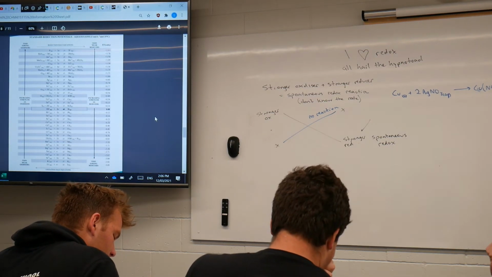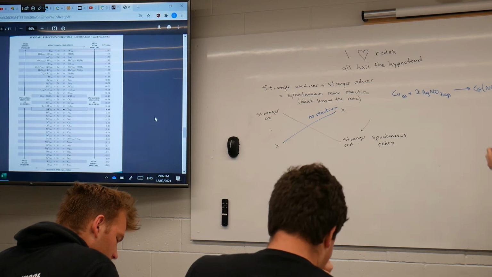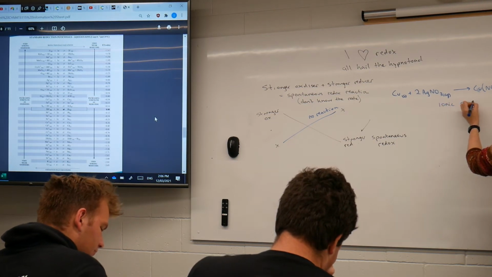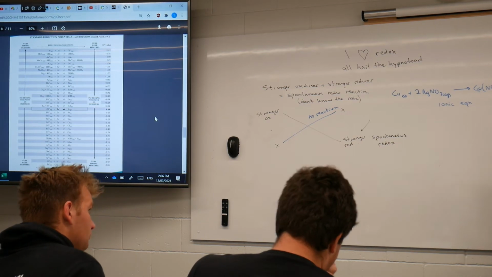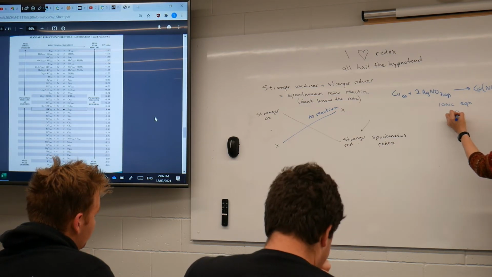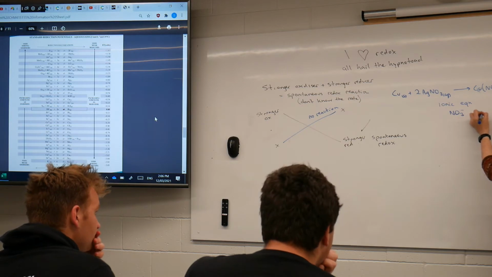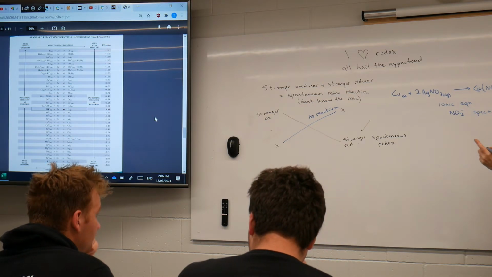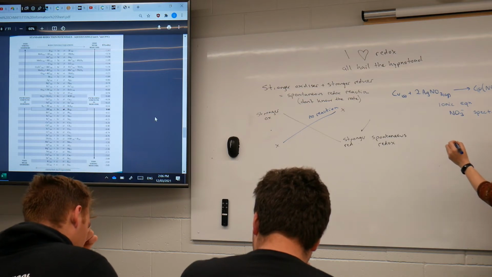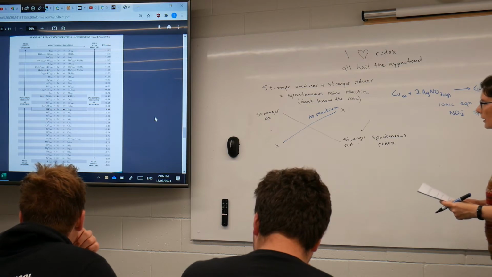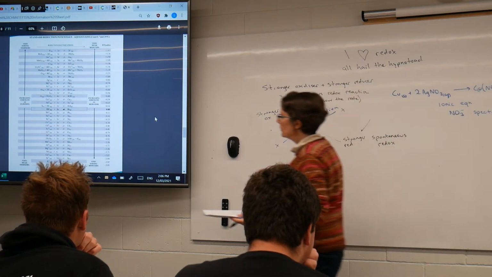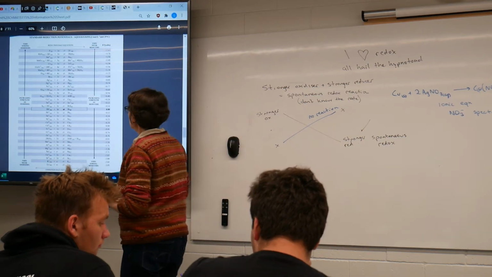Now the thing to remember is we're really more interested in ionic equations. And so the nitrate ion is a spectator. And I can look at this on my electrochemical series and I can see, well, do I predict that this reaction would occur anyway?